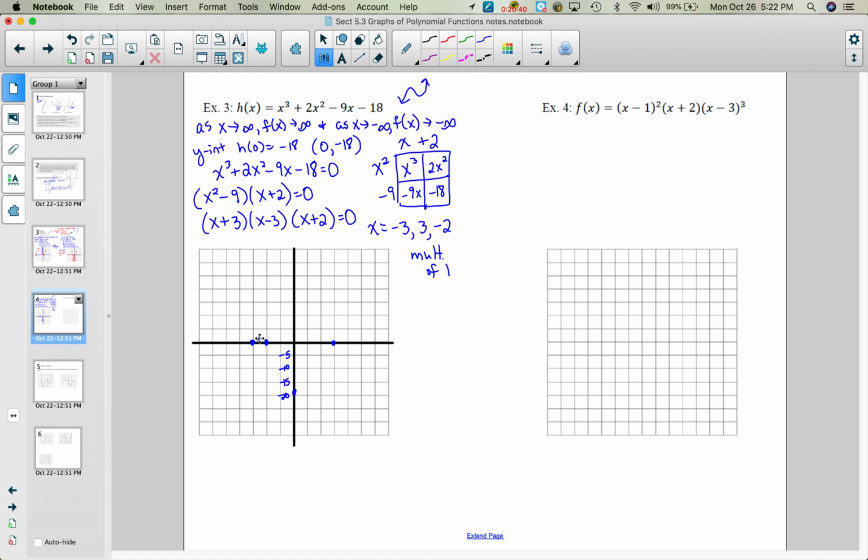So it's about here, and if you plug in to get the lowest point, it goes down as far as about -24, I think it was around here. So you could do that on the calculator and come up with those values. So we end up with a graph that goes something like this.